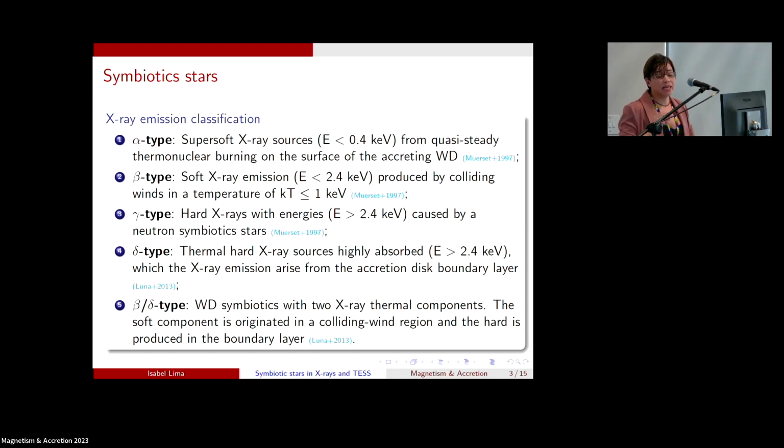And finally, beta-delta types have two components, one at soft energy, whose X-rays come from the colliding wind, and another hard component, whose X-ray emission comes from the boundary layer.